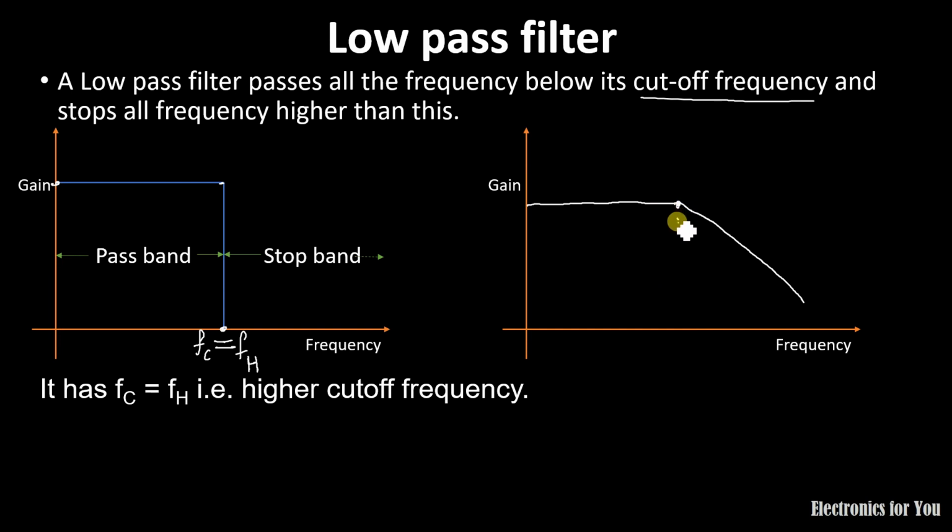So this is actually the frequency fh. Then this range of frequency is allowed, so it is the pass band, and the remaining frequency is blocked, so it is called the stop band. So in this way we can draw the frequency response curve for the low pass filter.